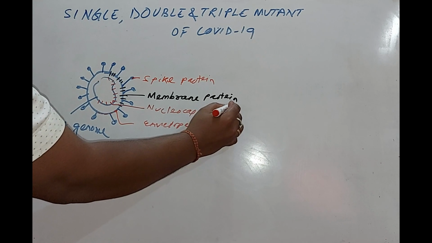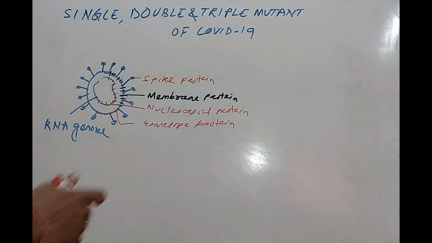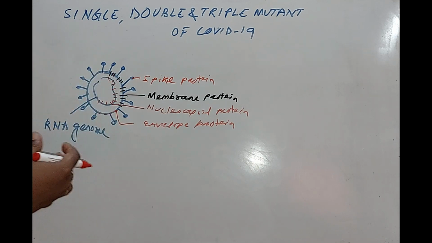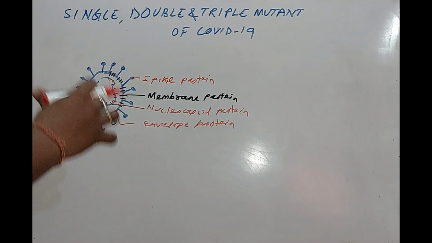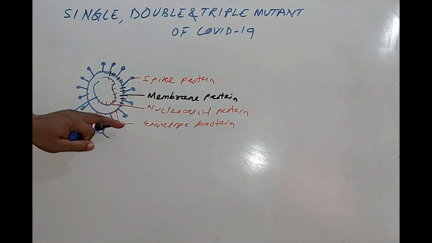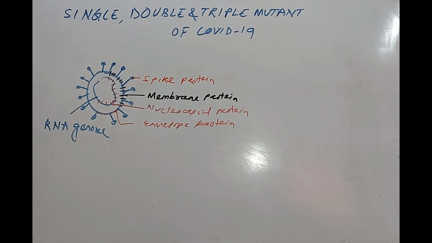Besides these, some other proteins are there, but these are the vital proteins: the spike, membrane, nucleocapsid and envelope.